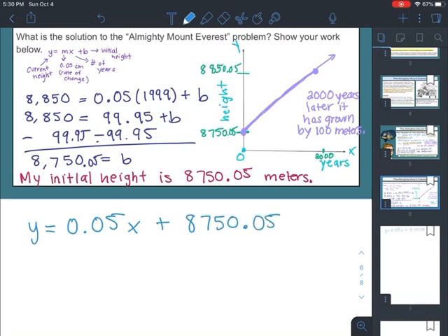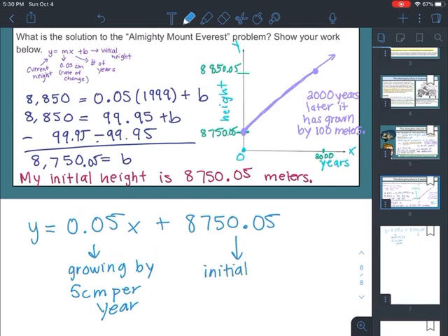This means growing by 5 centimeters per year, and this is the initial height of Mount Everest.